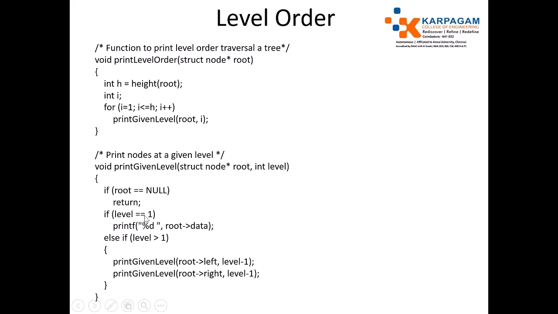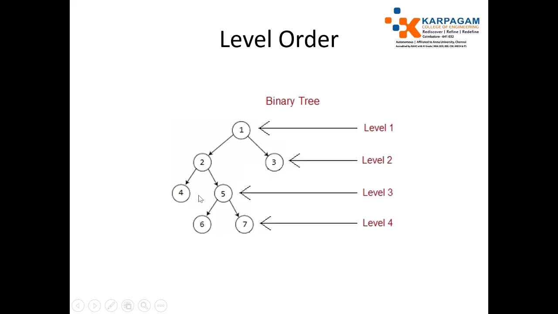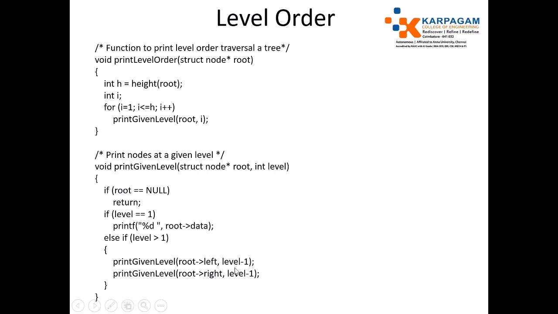If level is 1, it will print the data, but level is not 1. Level is greater than 1 now. So it recursively calls the same function by passing the root of left and root of right. See here, root of left is passed, root of right is passed. When passing these values, we are decrementing the level by 1. Already level equal to 2, no.